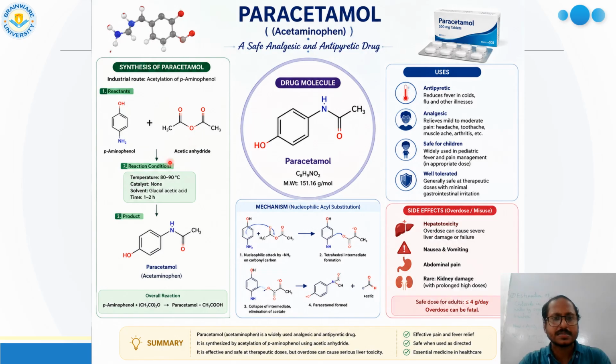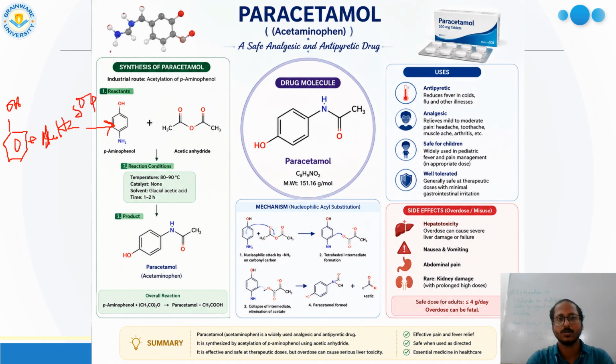If you want to know how to get para-aminophenol, we can start from the initial structure, phenol, OH, and react it with dilute H2SO4 and NaNO3.